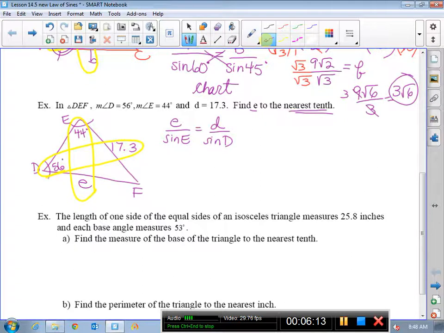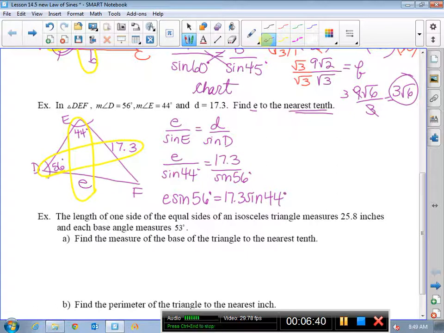Let's substitute in what we have. We need side E, that's to the sine of 44 degrees, and side D is to the sine of 56 degrees. Let's cross multiply, and then we'll use our calculators. You might want to pause and see if you can do this one on your own now.